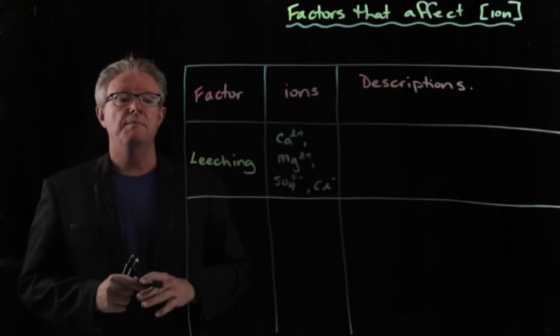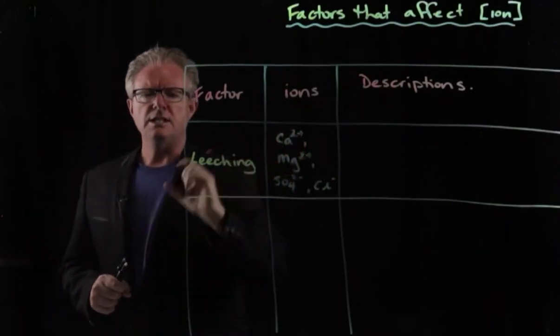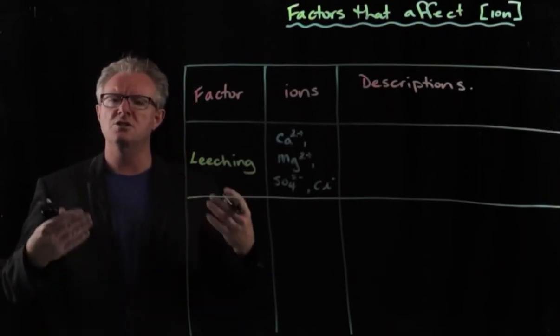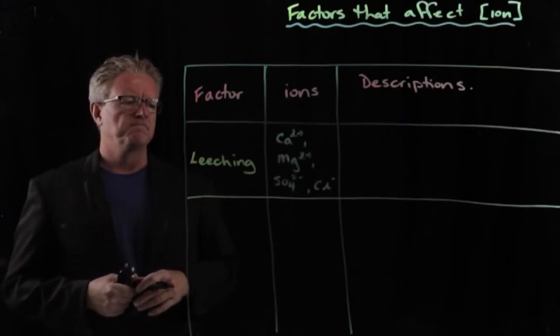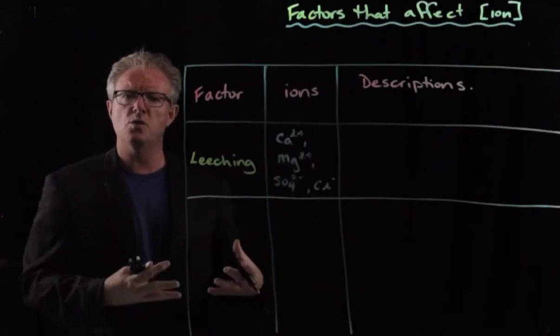All right, let's now examine the first of these factors. So leaching is a process whereby you get the release of these ions, usually dissolved in water, that come from some sediment base and go into the water table.